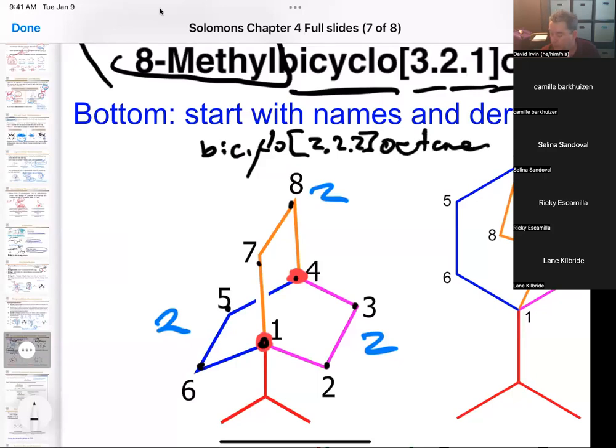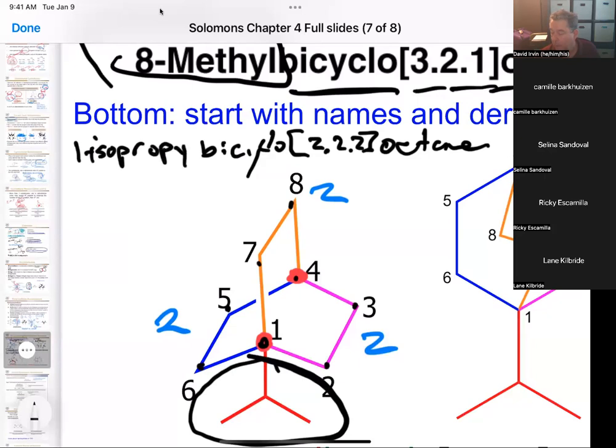And then we have to put our substituent here as 1-isopropyl. Notice it all strings together. So it's 1-isopropylbicyclo bracket 2.2.2 bracket octane.